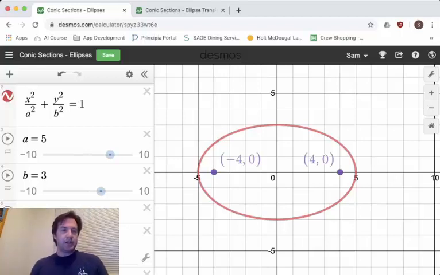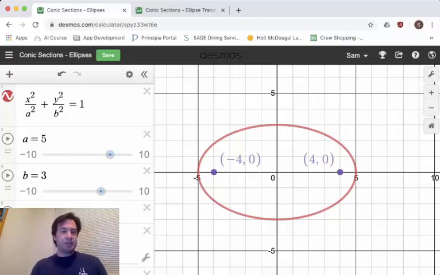Now, what you see right now is a, the number underneath x, is larger than b. And as a result of that, two things are true. It means that we have a major axis and a minor axis. The major axis is horizontal in this case, and the minor axis is vertical.